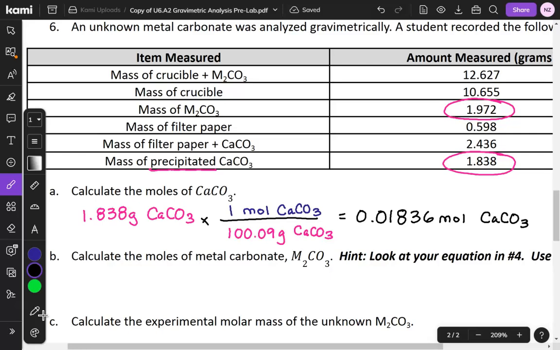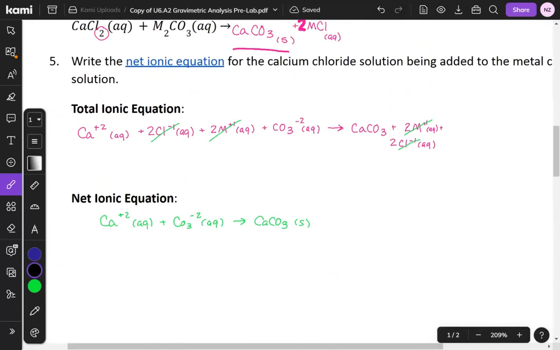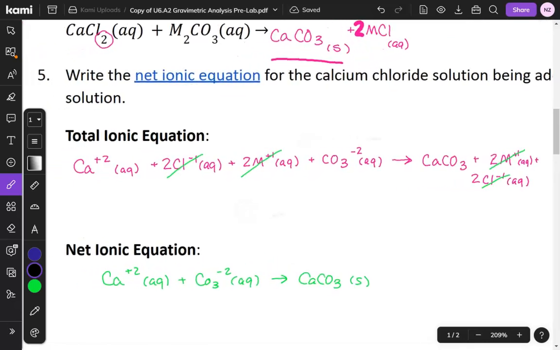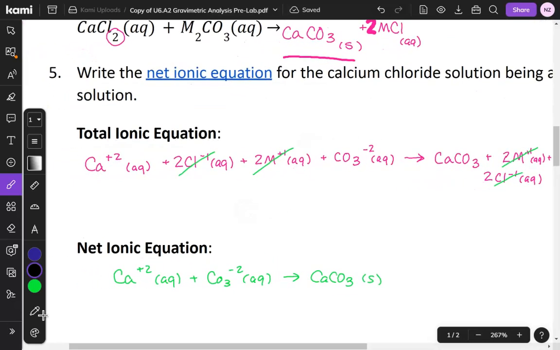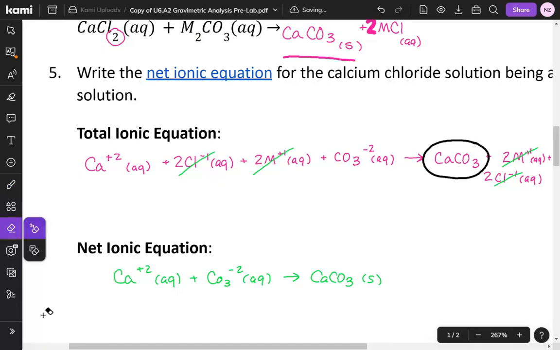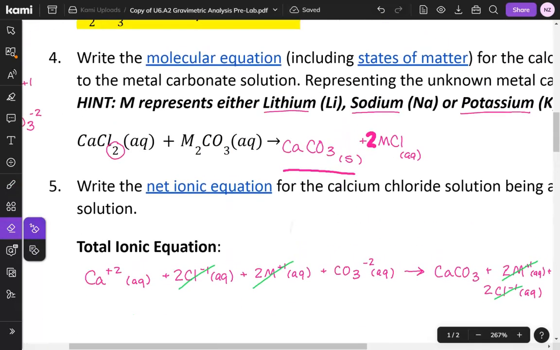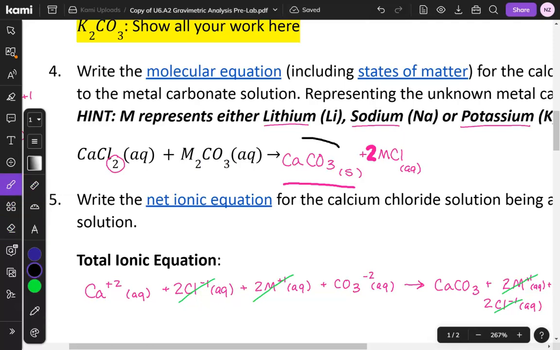Okay, now here's the tricky part with gravimetric. We want to know what our metal carbonate is. If I go back up and look at my equation, we just figured out the moles of this. Oops. Let's look at the molecular equation. We figured out the moles of this. We know how many moles of this we have, but I want to know this right here, our unknown metal.